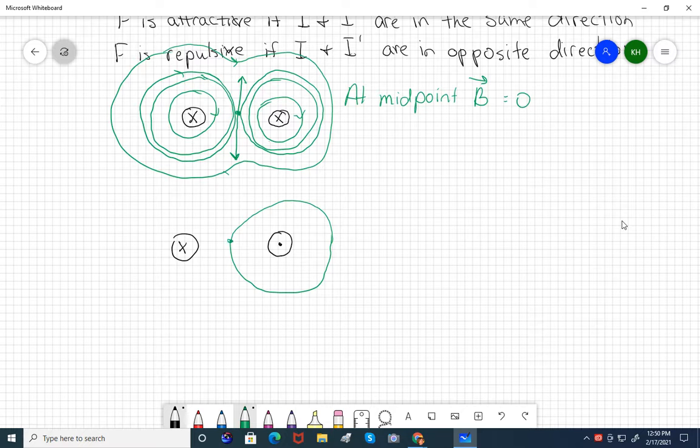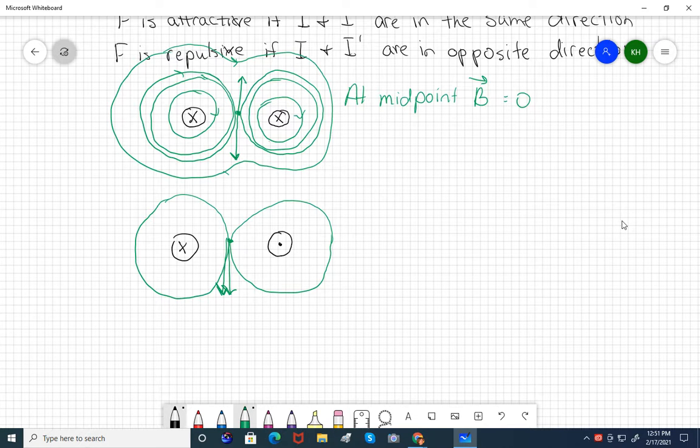So right here, the magnetic field actually points straight down. And the magnetic field for this one on the left is clockwise, so it would point this way. It would also point down. So at that particular location, the magnetic fields would actually add together.